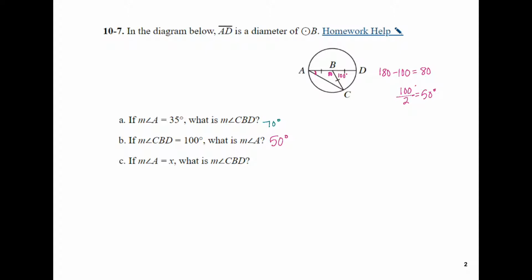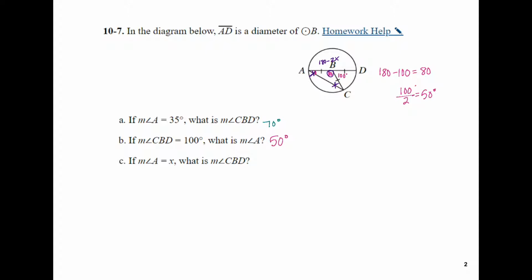So if the measure of angle A is equal to x, what is the measure of angle CBD? So if we take x, these angles would both be x, and this angle here would be 180 minus 2x.